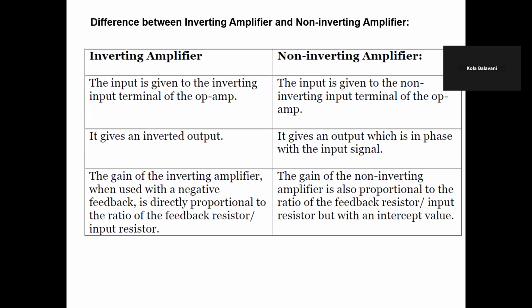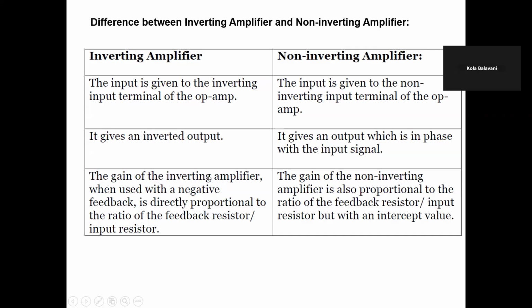The differences between inverting and non-inverting amplifiers are: whenever you apply input to the inverting terminal, it gives an inverted output, but whenever we apply input to the non-inverting terminal, the output has the same phase as the input signal.